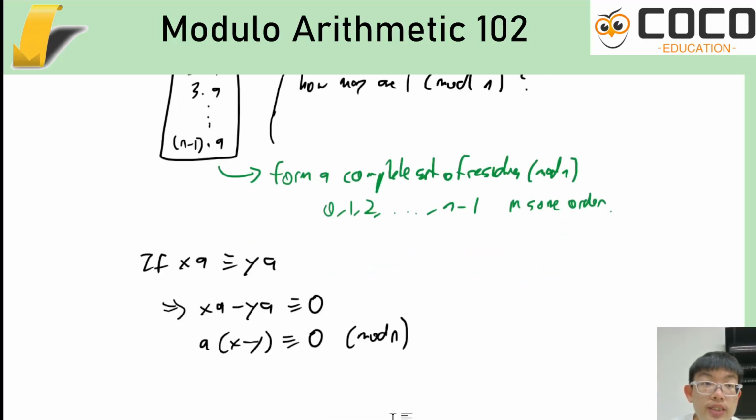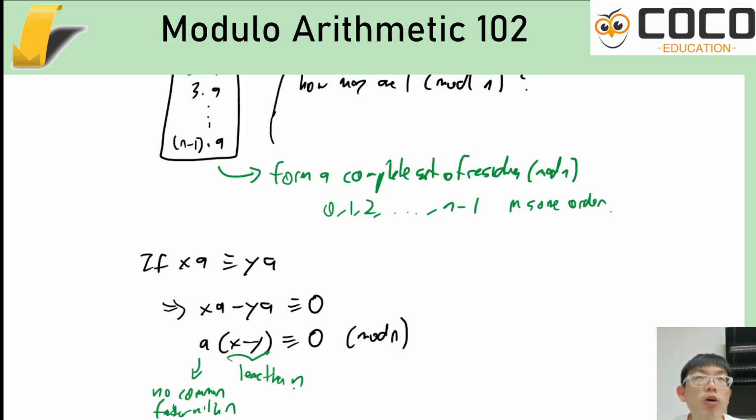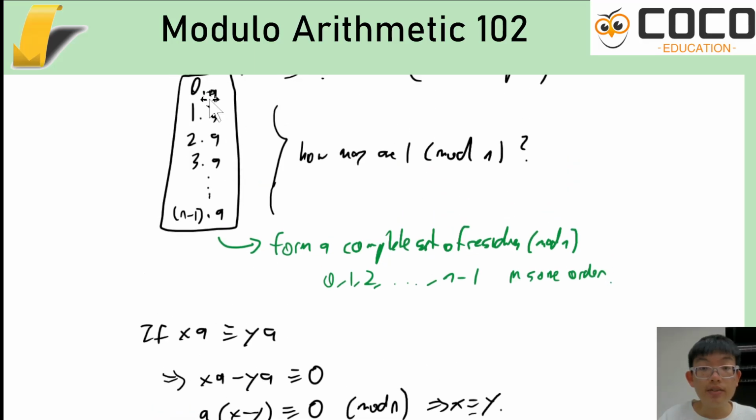But this cannot happen because a has no common factor with n, so it's not helping to make it divisible by n at all. And x minus y is less than n, so it definitely cannot have all the factors of n because it is smaller, unless x and y are the same. So therefore, everything in this list will be different, and so exactly one of them will be 1 mod n. So they will always have to come in pairs. Now that includes pairing up with itself.